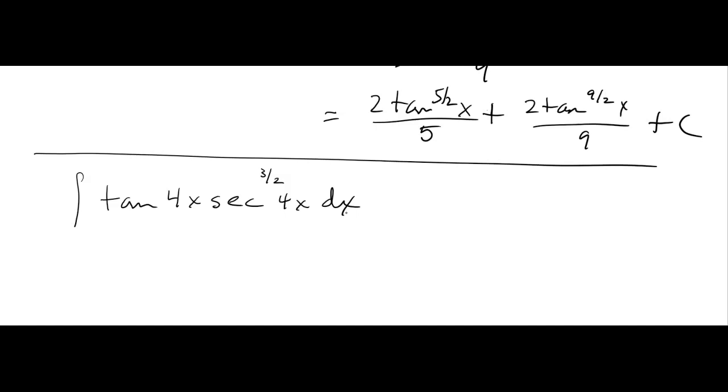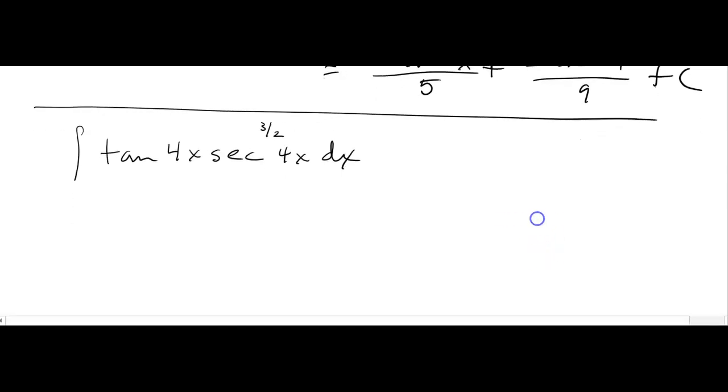So if I can get a tan secant pair together, then all I really need to do is deal with the secant part. In other words, instead of looking for that secant squared dx to become my du, I'm looking for tan secant to become my du.